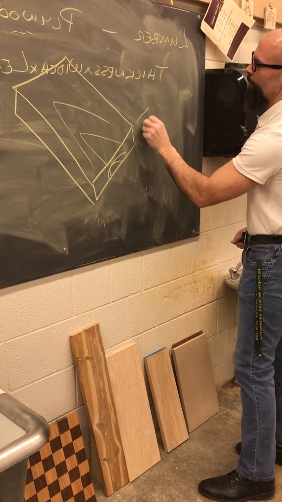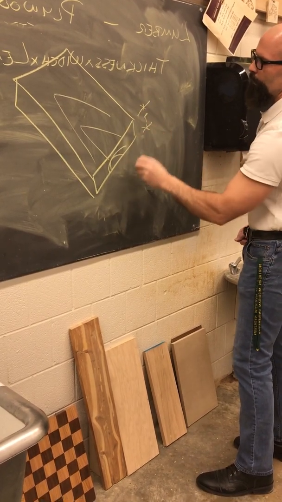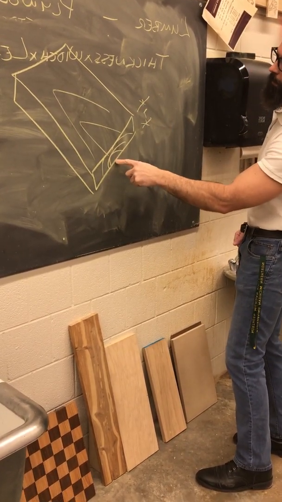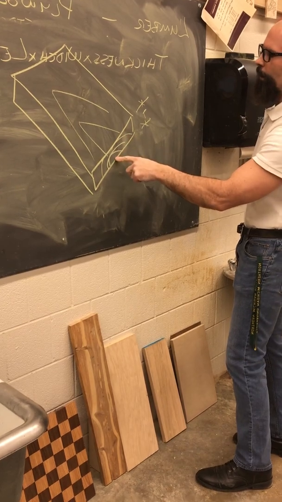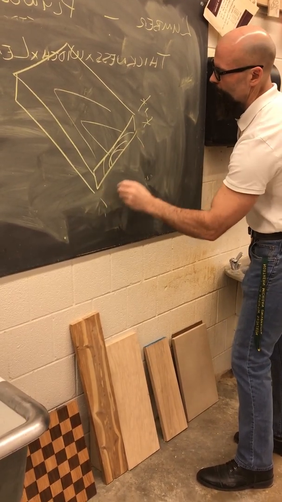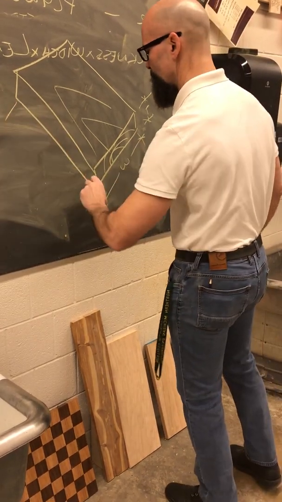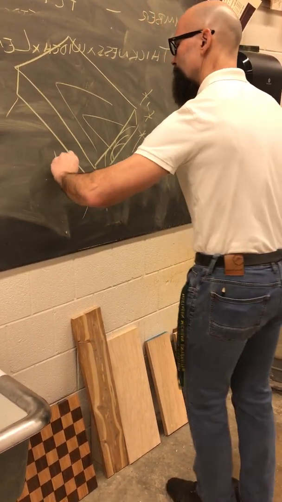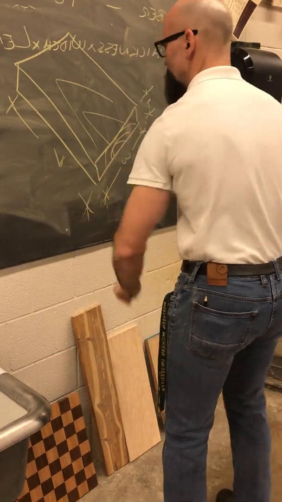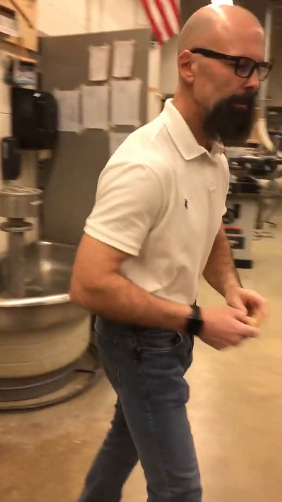Thickness is the height of the annual rings. We talked about that before. That's the end of the board, the circles on the board. Width is across the grain. And length is with the grain. Why is that important?